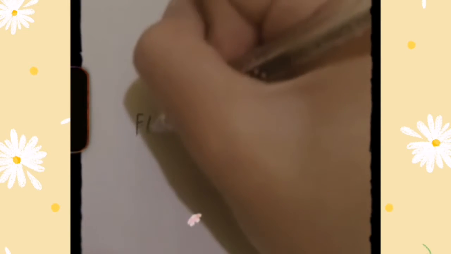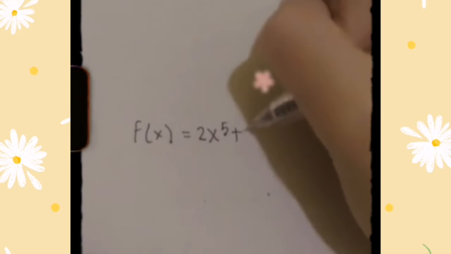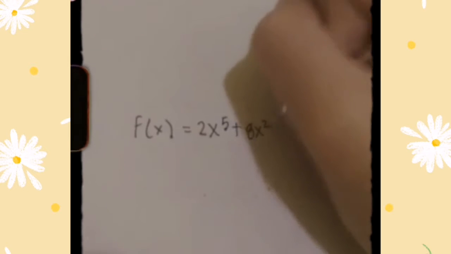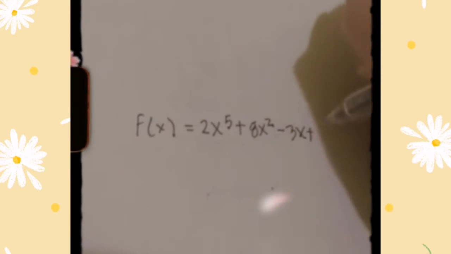The next example is f of x equals 2x to the power of 5 plus 8x squared minus 3x plus 5.